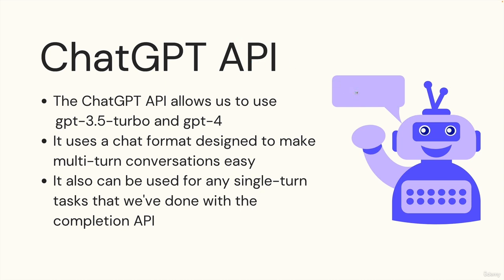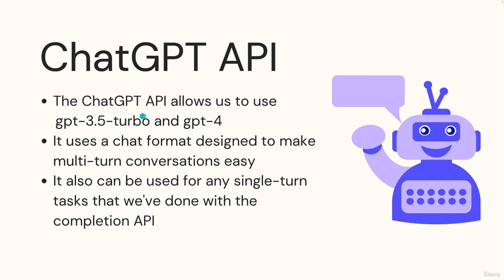We can do the exact same stuff with the ChatGPT API, but the most important difference is that the ChatGPT API allows us to use GPT 3.5 Turbo and, if you have access, GPT-4. And as of now, for whatever reason, OpenAI has decided not to permit those models with the regular completion endpoint.